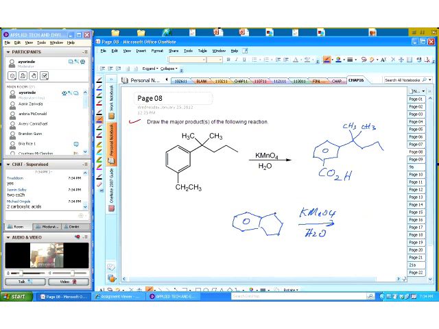Okay, one on this side, because this will be oxidized to carboxyl group, and this carbon will be oxidized to carboxyl group. Great, very good. Okay, so let us go to the next one.